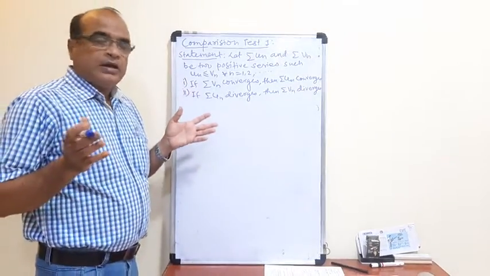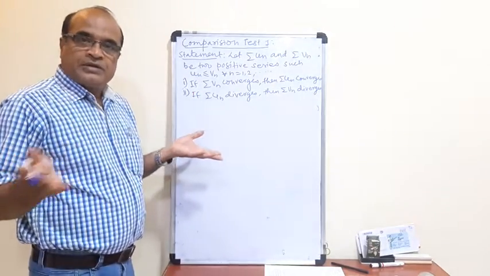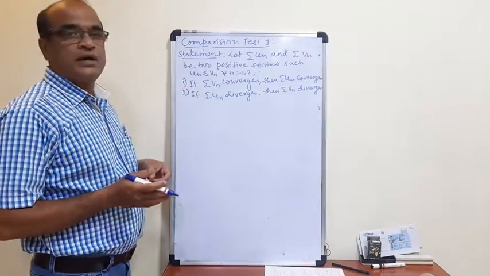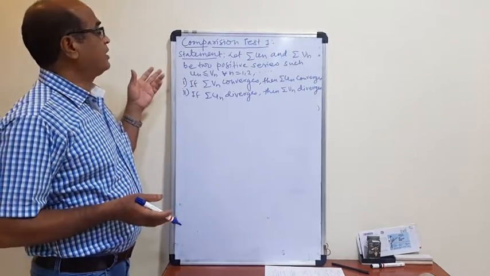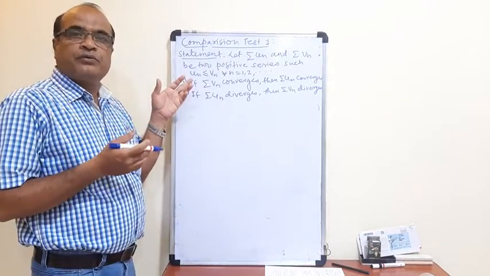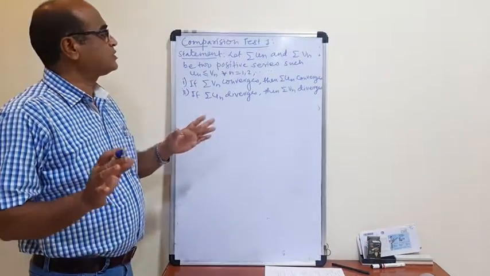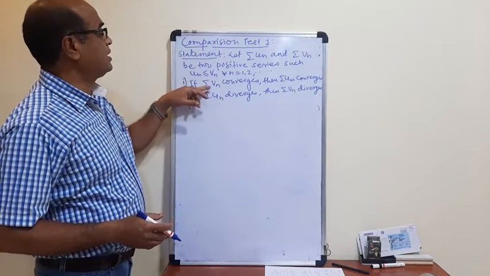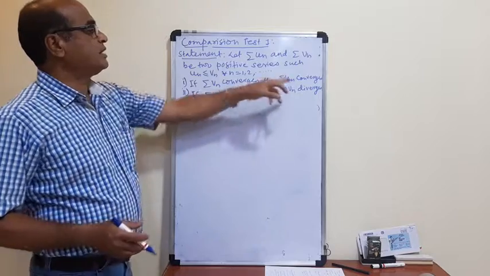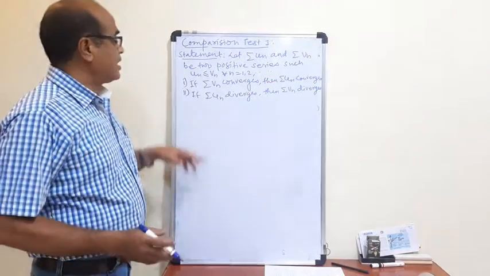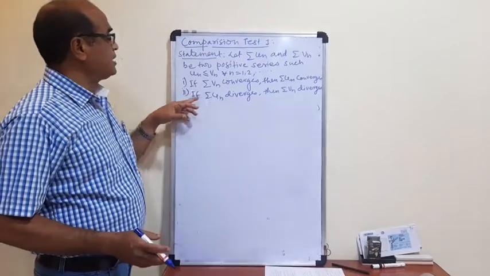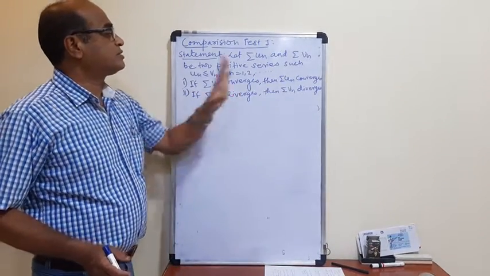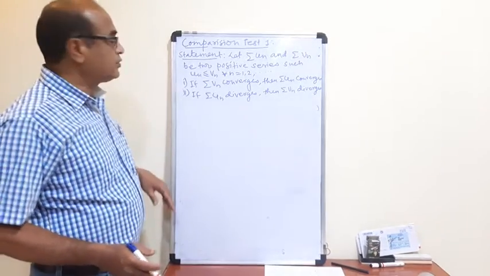Let summation un and summation vn be two positive series, and if un is less than or equal to vn for all n equal to 1, 2, 3 and so on, then if the series vn converges, then un also converges. And second, if the series un diverges, then the series vn also diverges.